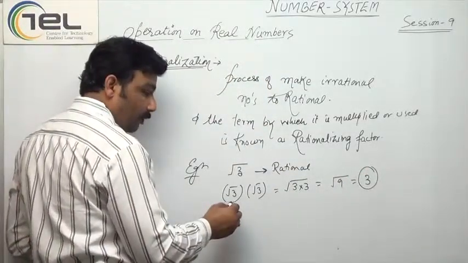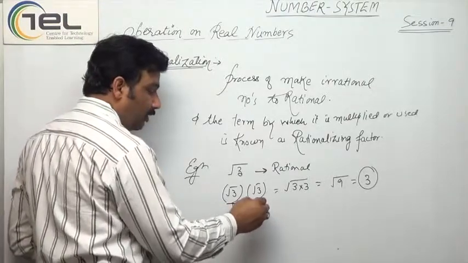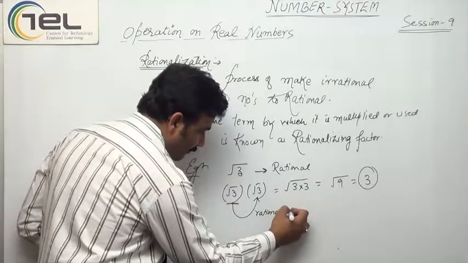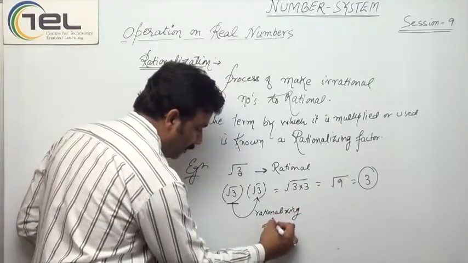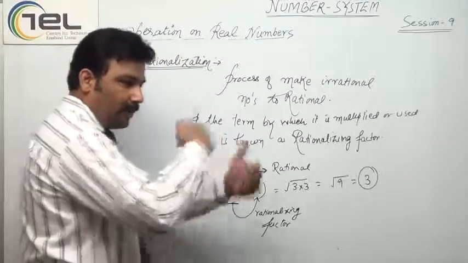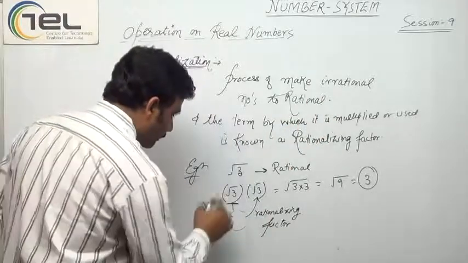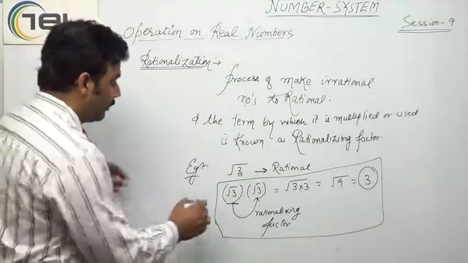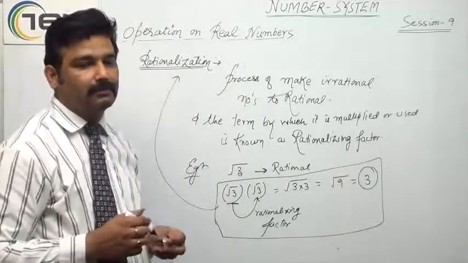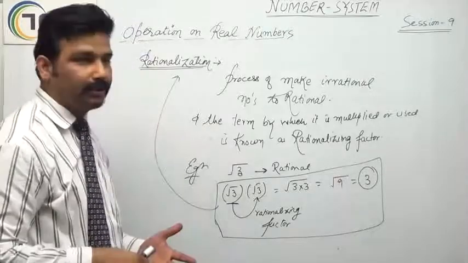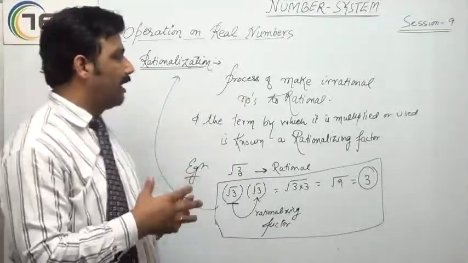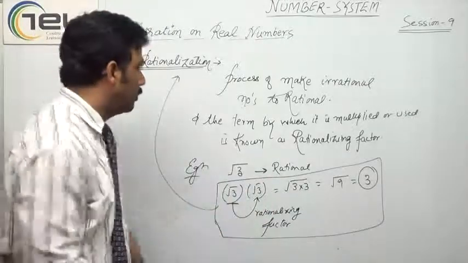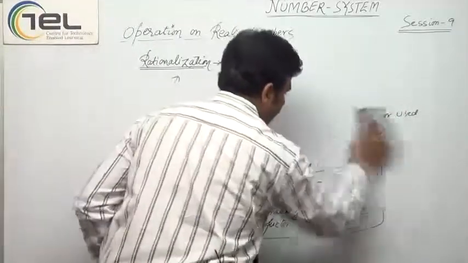So for this number, root 3 is a rationalizing factor, because it is helping it to become rational, and this total process is known as rationalization. So this is what we are going to study: how to make an irrational number rational, and the process. Okay, so this is rationalization.